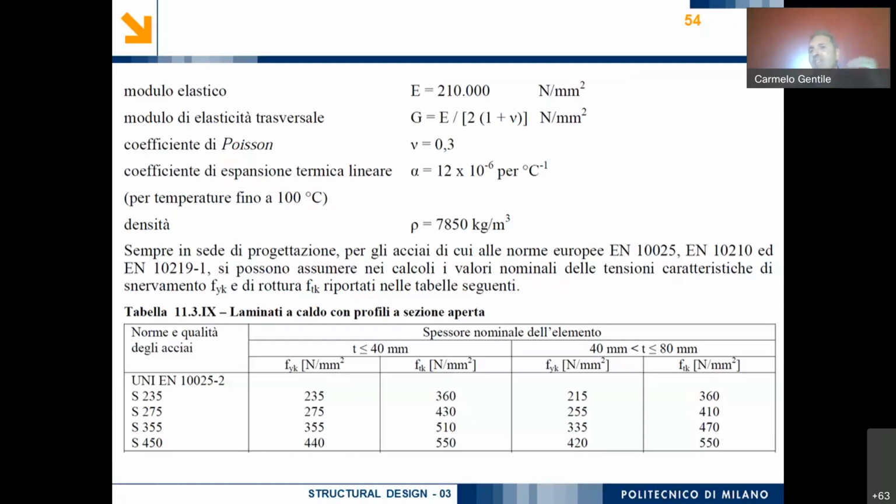When the thickness is larger than 40 millimeters, in the interval between 40 and 80 millimeters, we have to correct the value of the yield stress a little bit, and for large thickness elements, the value of the yield stress is a little bit lower than the one of normal thickness elements.